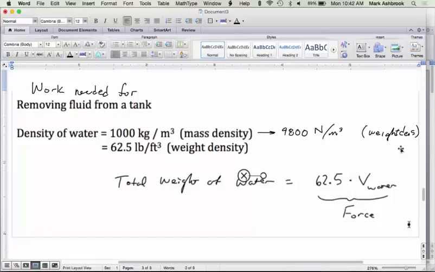Force times distance. Yeah? What is this symbol here with the scribbled X? What's the question? Above water, there's a symbol with like a circled X. Oh, that's nothing.